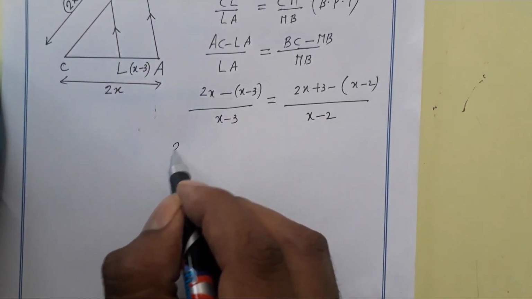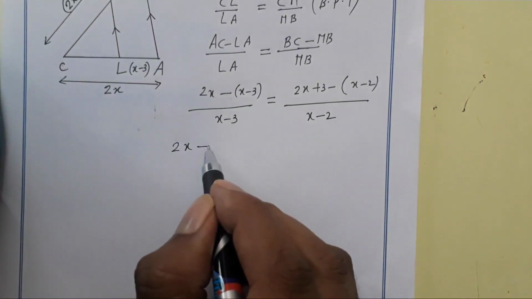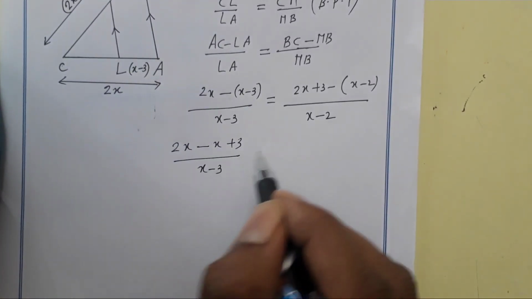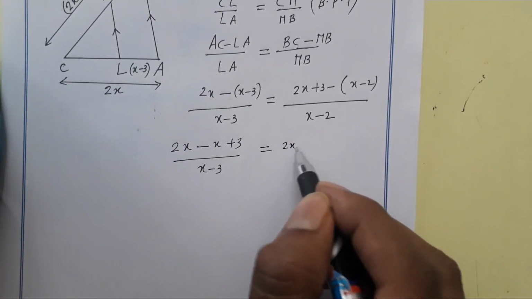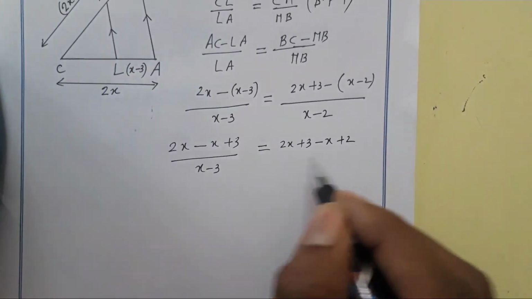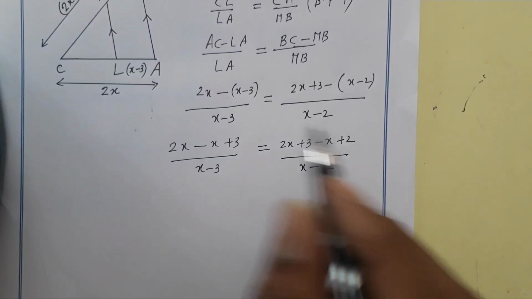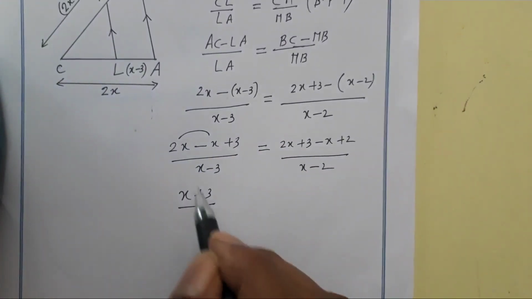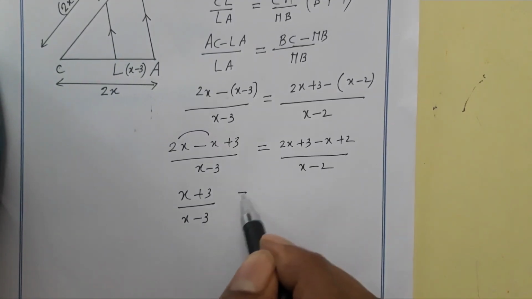Now 2X, if you remove this bracket, minus X plus 3 by X minus 3. Again this is 2X plus 3, if you remove this bracket, minus X plus 2 by X minus 2. This is X plus 3 by X minus 3.